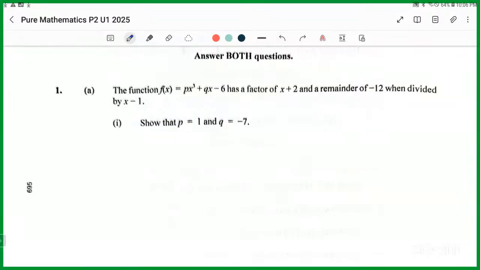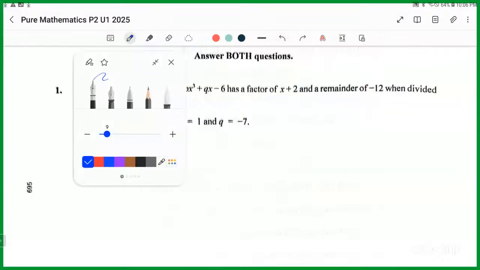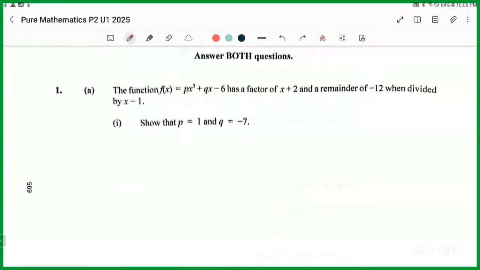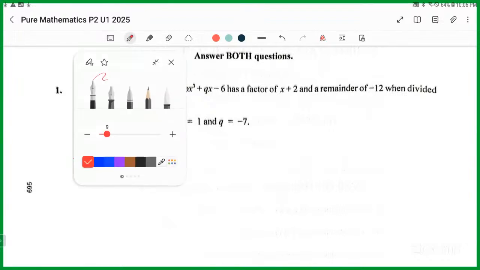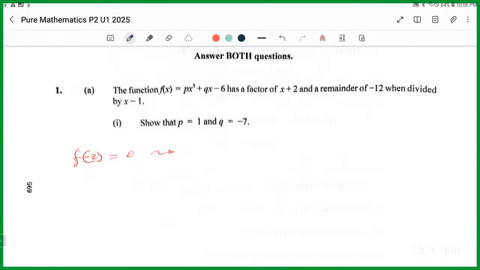Since x plus 2 is a factor, f of -2 is equal to 0. I need two equations. This is the first equation. That means we are substituting -2 into the function.